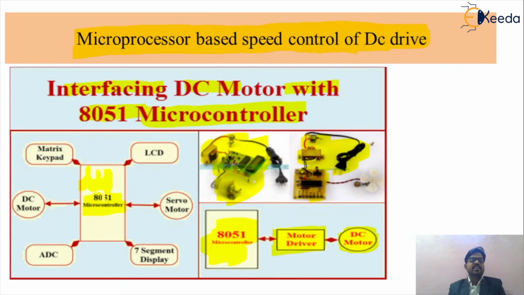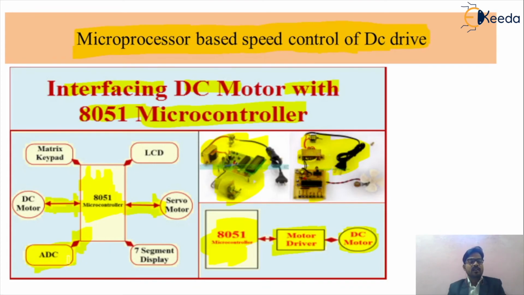For the interfacing of that particular 8051 microcontroller, we are interfacing different types of servo motors, different types of DC motors, and different types of ADC. This is called the analog to digital converter, because as we know the speed is an analog quantity, but now we want to convert that analog quantity into digital quantity by means of the ADC.